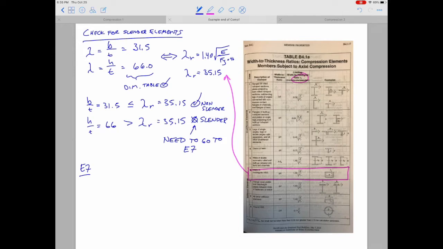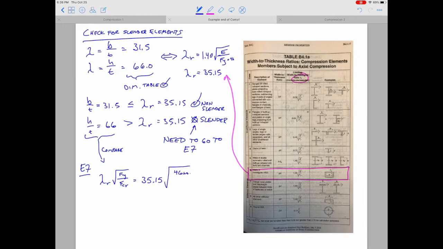So if you look at E7, we have to reevaluate now this slender element thing. So I need to say, what's the limit given to me in E7? I need to compare, right? Compare Fy over F critical. So from before, we already calculated this one. It's 35.15.